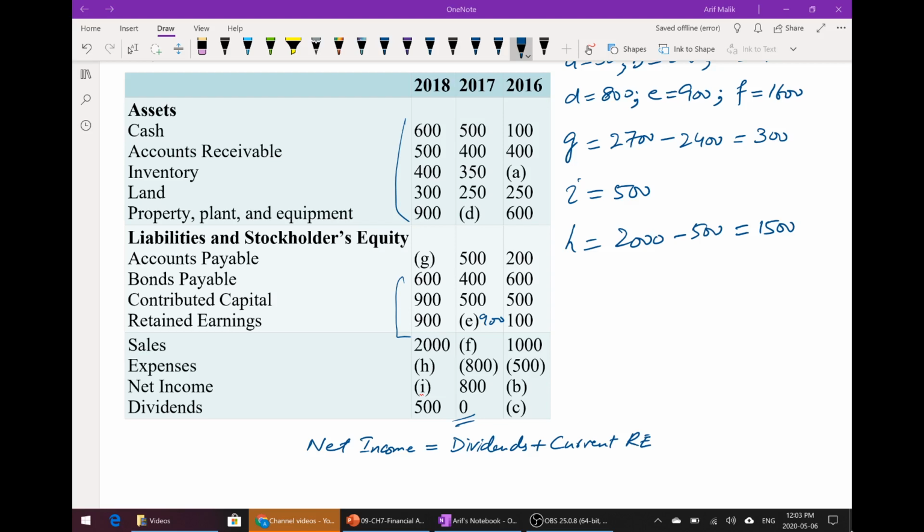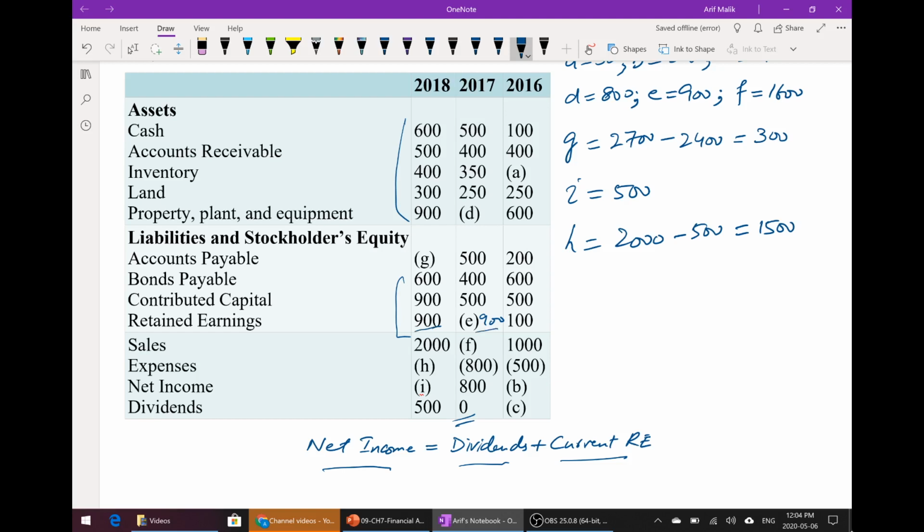That's it. So again, how did we work out I? I was easy because the net income is equal to dividends plus current retained earning. We found the current retained earning 0 because from here 900 is given, 2018 retained earning, and 2017 was also 900.